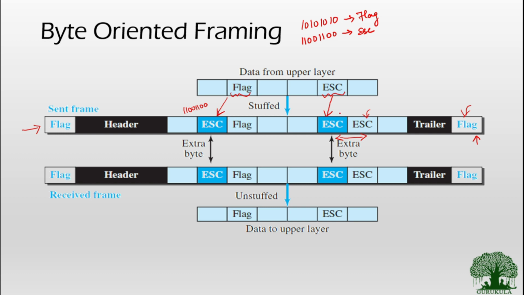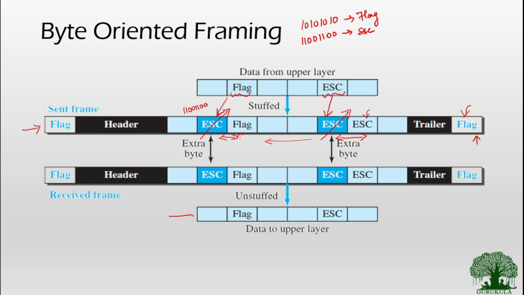In this case, only one escape sequence will be removed, and the next escape sequence will be kept as such, assuming that it is a part of the data, and it will keep on processing. Then whenever a flag is encountered and there is an escape sequence next to it, that escape sequence will be eliminated at the receiver side, and the flag sequence will not be disturbed, assuming that it is part of the data.